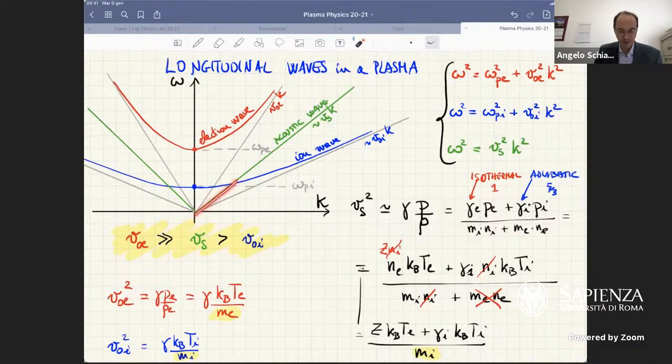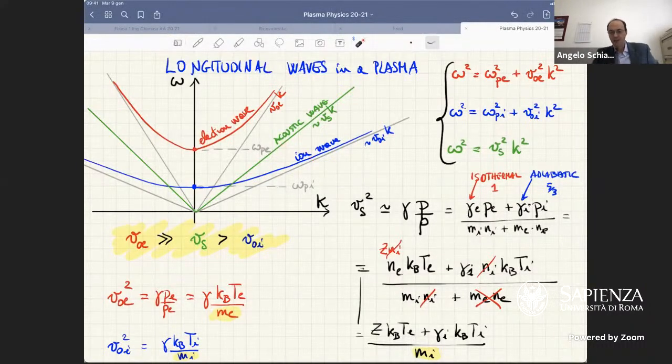So there is a region in K space for very long waves where the wave phenomenon is dominated by the acoustic waves. Then there's a region where the electron waves, which have a much higher slope, dominate the phenomenon and move energy and momentum from one place to the next, because they are much faster than the other waves. But the other waves can survive as well.